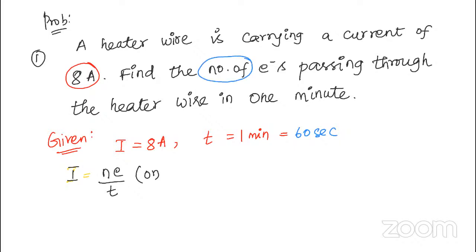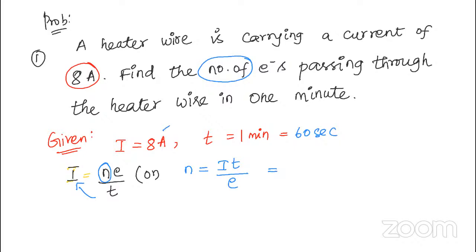So since we need the number of electrons, we rearrange this equation. We need the N value. So N value is equal to I into T divided by E.